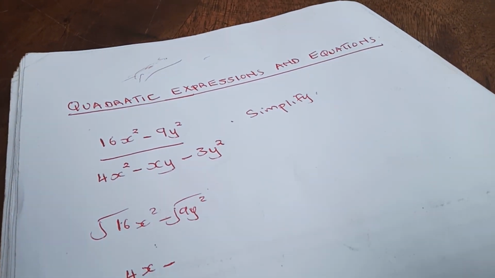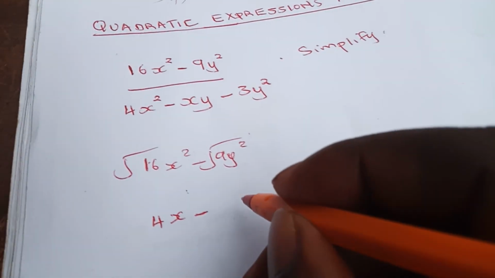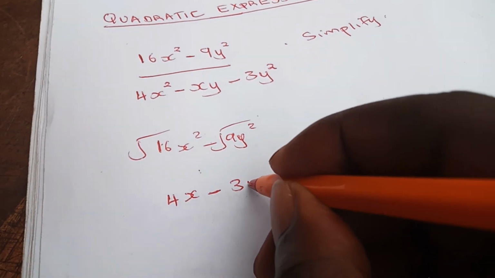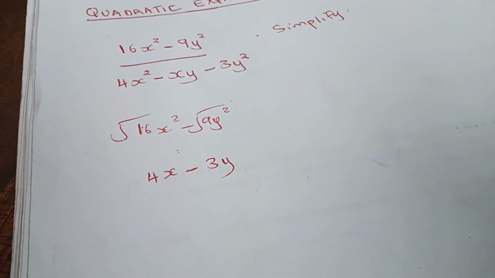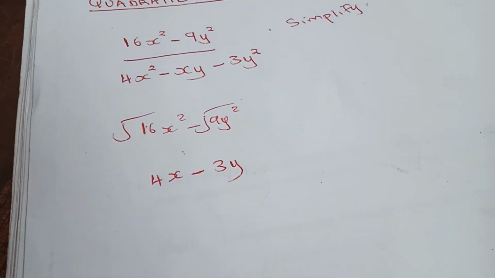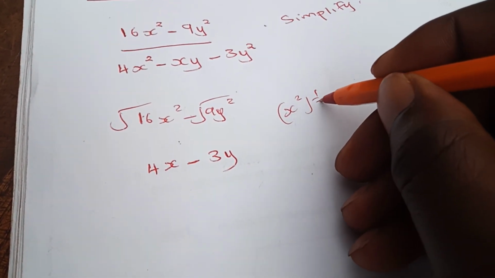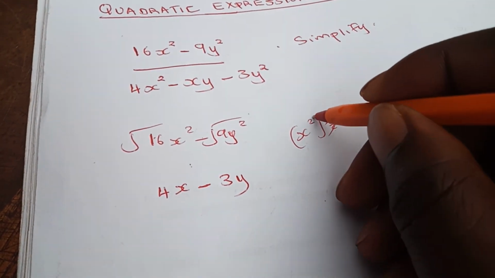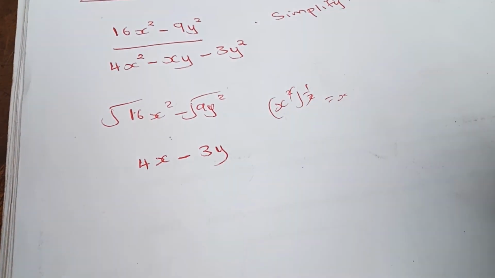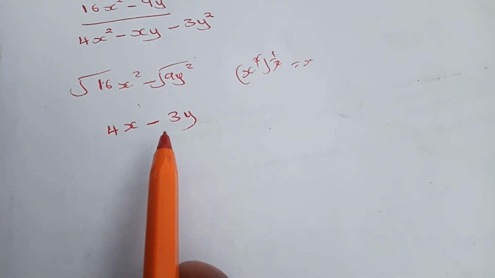Then the square root of 9 is 3. The square root of y squared is y. Someone will wonder, how are we getting the square root of x squared? The square root just basically means a number raised to a half, so the 2 goes with the 2, and we remain with x. So we are going to have 4x minus 3y.